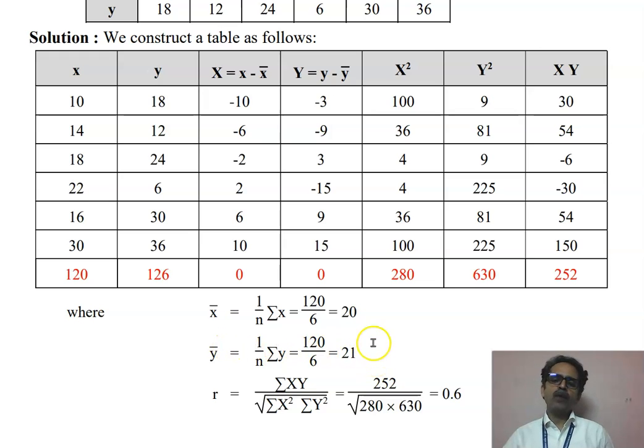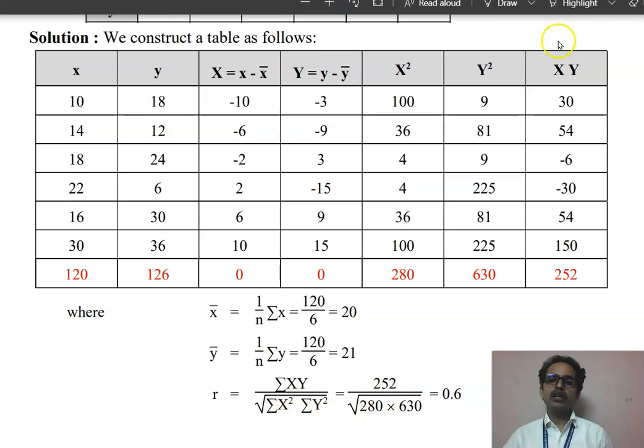Then we have the formula for r. The formula for r is summation xy upon the square root of summation x squared times summation y squared. This column is for xy, capital X into capital Y, so this 252 stands for summation xy, and we write it in the numerator. Then under the root, summation x squared times summation y squared.